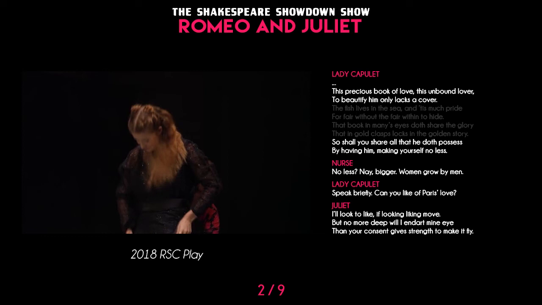Also, there's something very important going on in this dialogue that we haven't even brought up yet, but it's pretty important. And that is the fact that Juliet's word move is actually supposed to rhyme with Lady Capulet's word love.